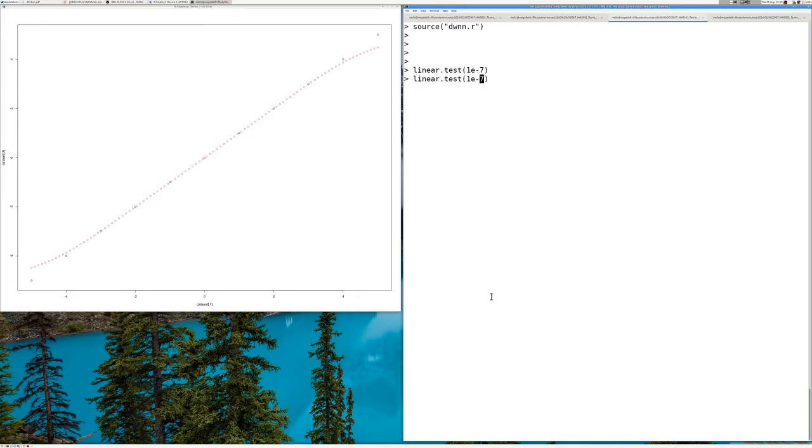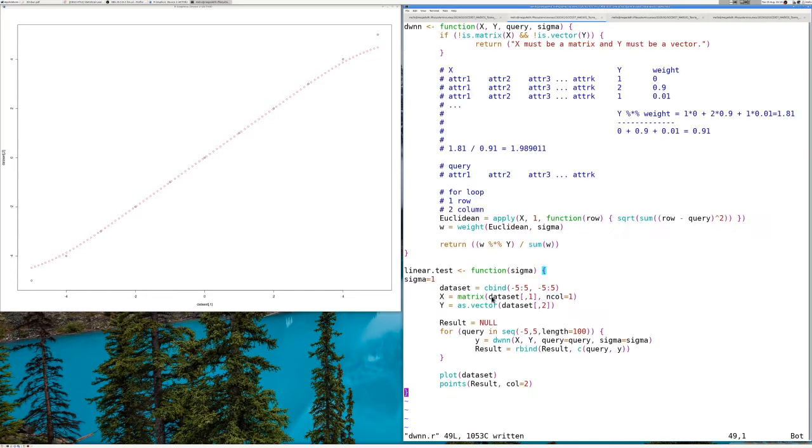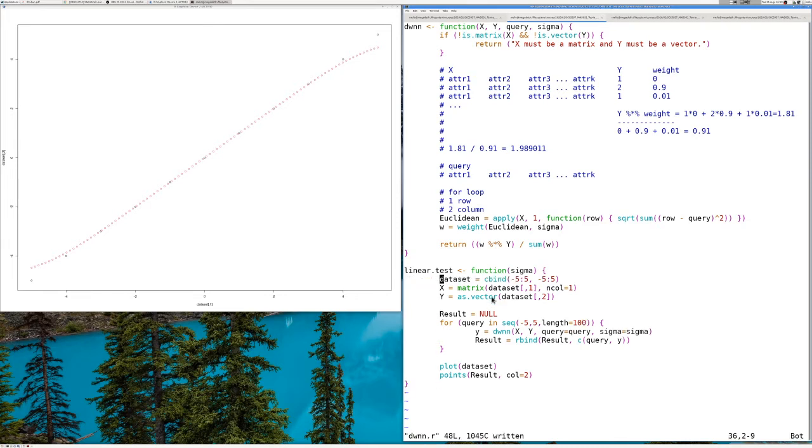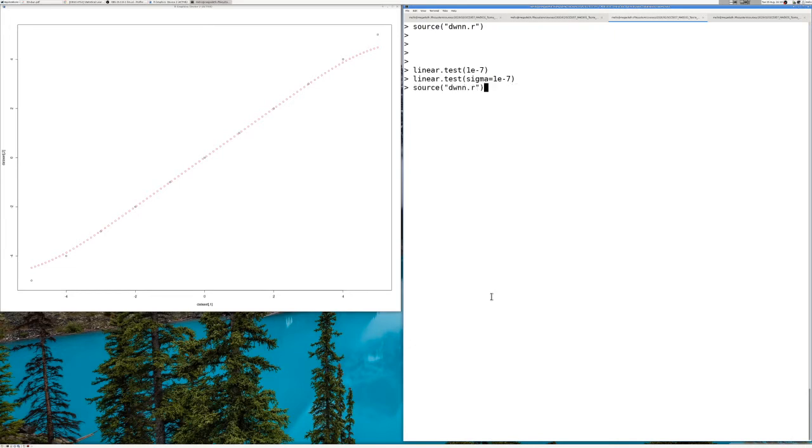Oh, sorry. Sigma equals to 10 to -7, isn't it? Or it's not? Let me see. Oh, sorry, I'm just setting sigma equals 1 here. Sorry, guys. Just removing it and loading my code again. Yeah. Take a look. It is providing the correct answer for the first and for the last. Why?